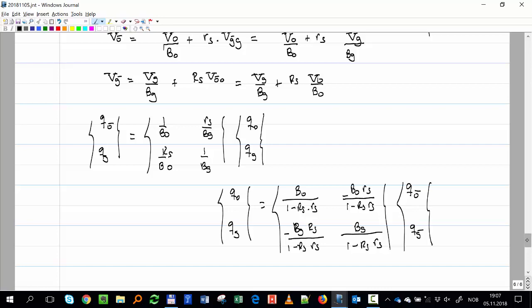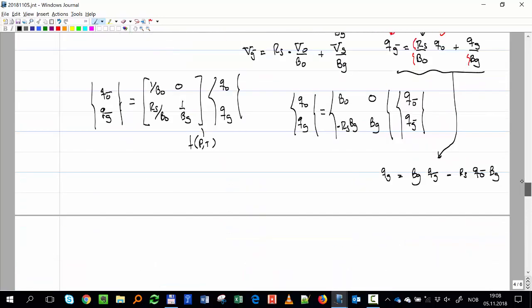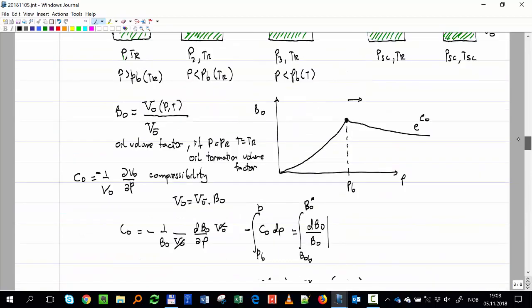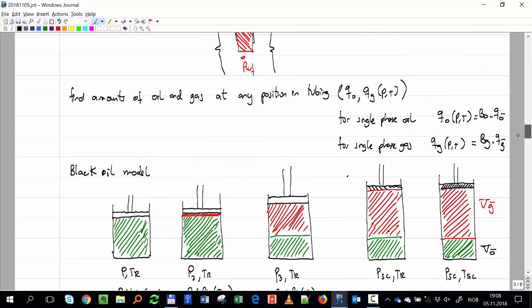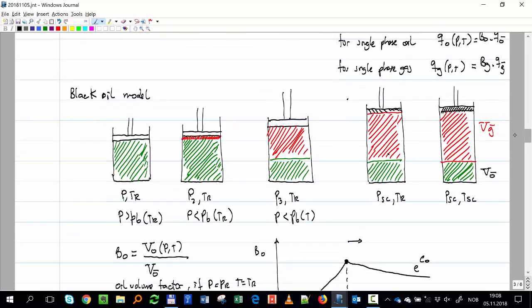So what have we done so far? Let's try to summarize to see all this crazy BO. So we did an experiment. We had already two properties, right? BO and BG. We want to use the same approach, ratio dividing local volume by standard volume. But we have to include somehow this liberation of gas.